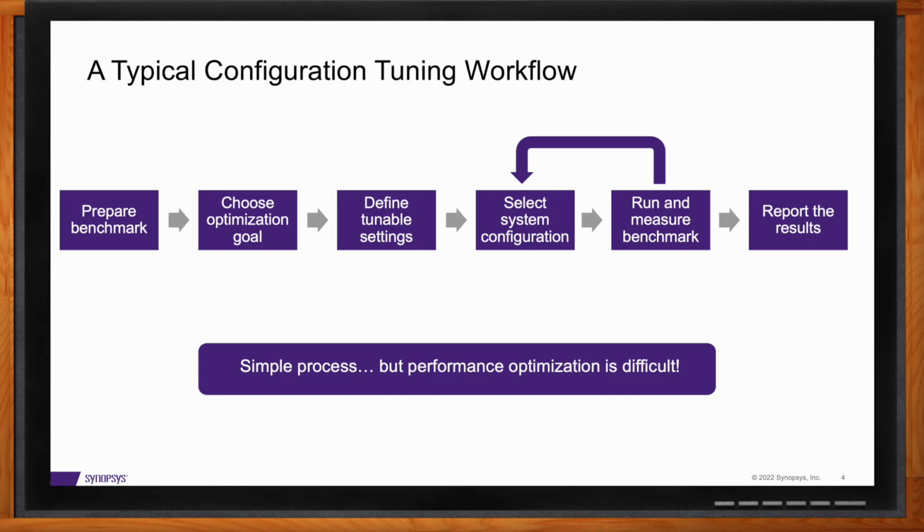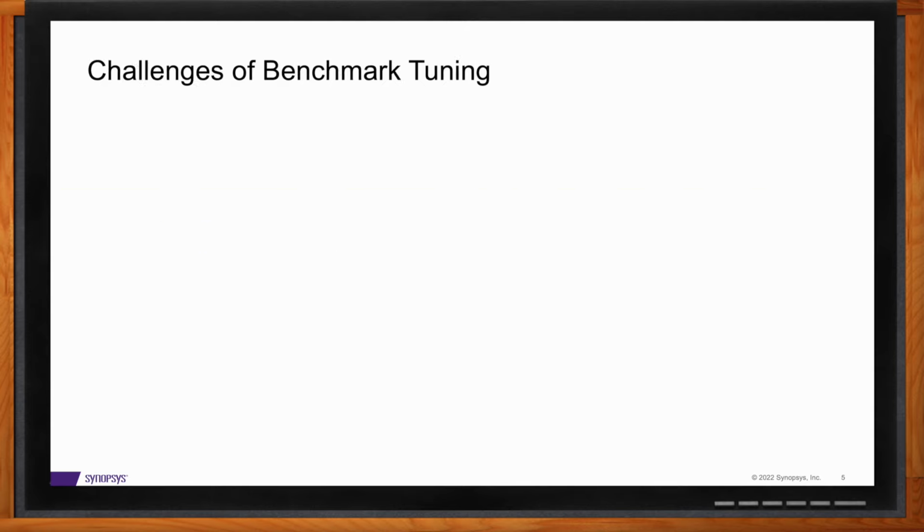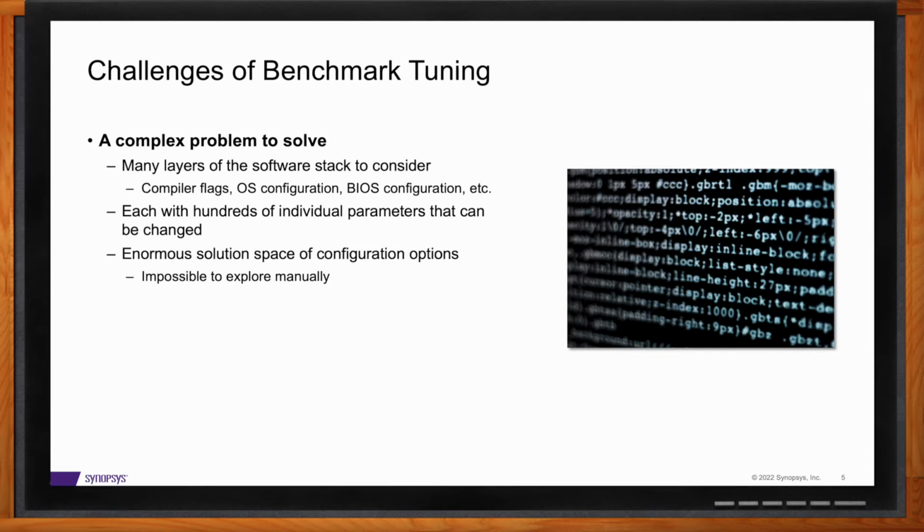That's absolutely right. And as I mentioned, it's a complex problem to solve. One reason is that if you look at the software stack that sits on top of the hardware, you have many layers, right? You have your compilers. You need to look at your OS, which needs to be configured right. You may have BIOS configurations that you need to take into account. And then you get into the application level, right? Your web servers, your applications, essentially, that you're trying to optimize against.